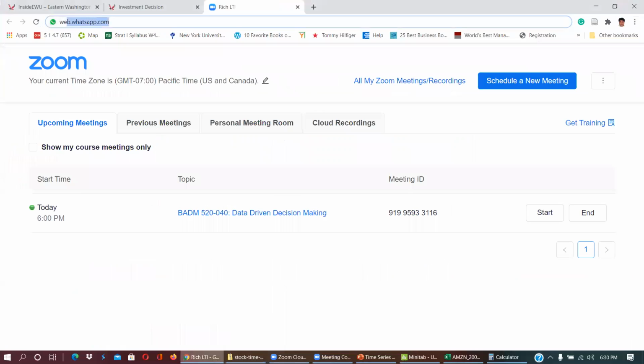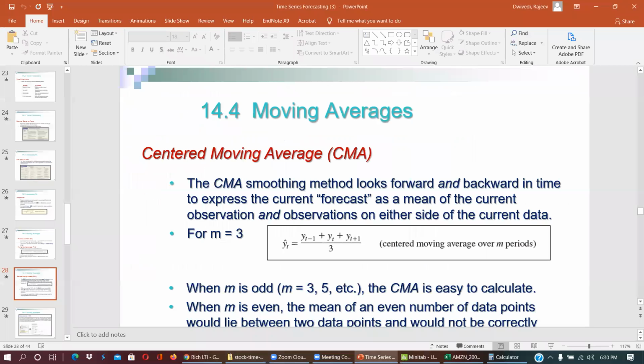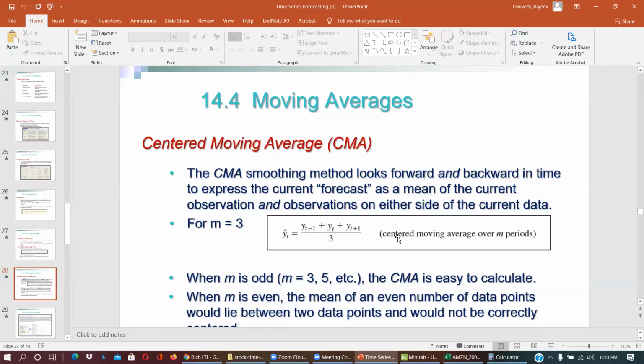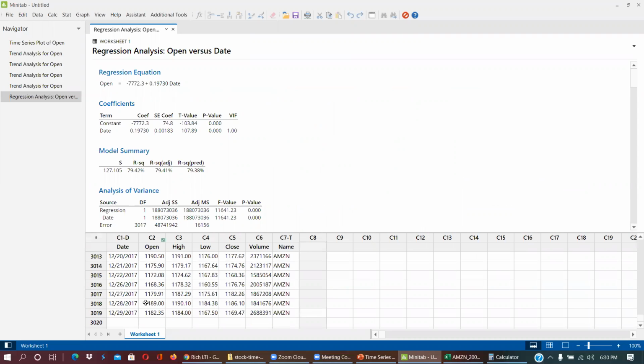Now we are going to the moving average method, the central moving average method. Suppose there is a 3 moving average. What is the meaning? The forecasted value of the 320th point would be the average of the last 3 values.